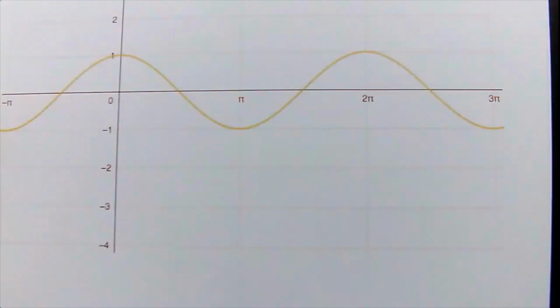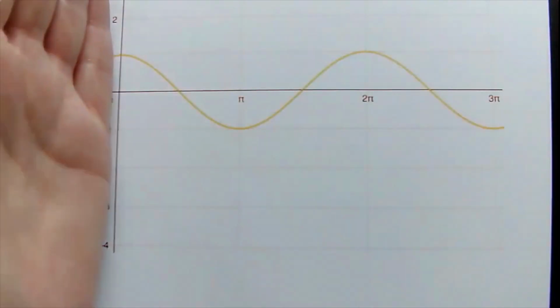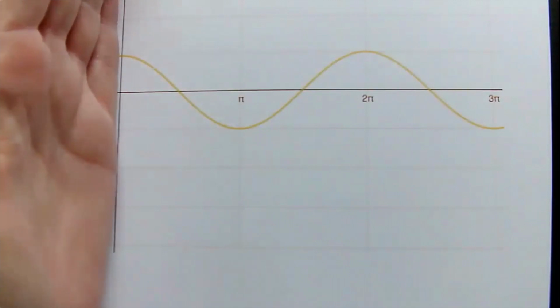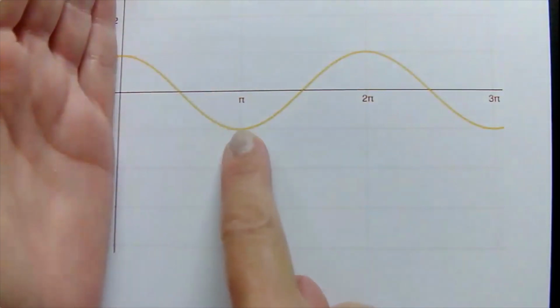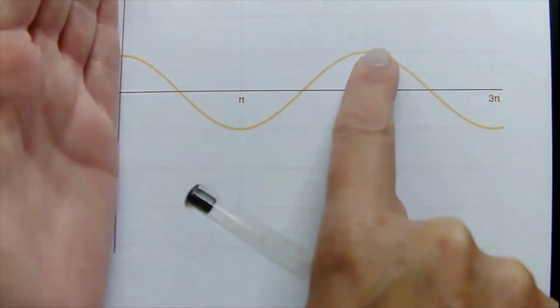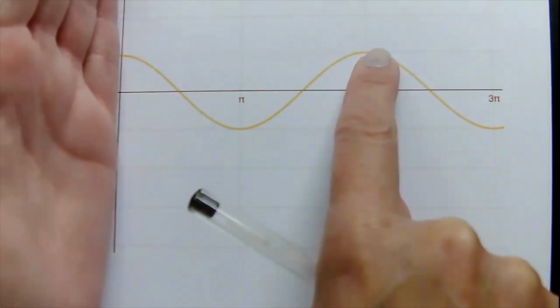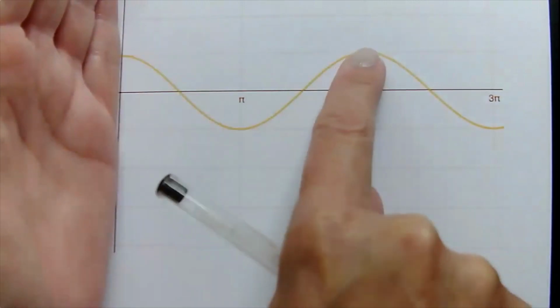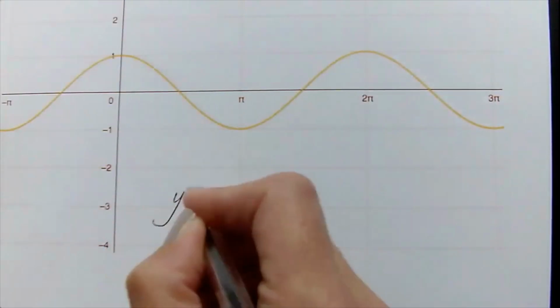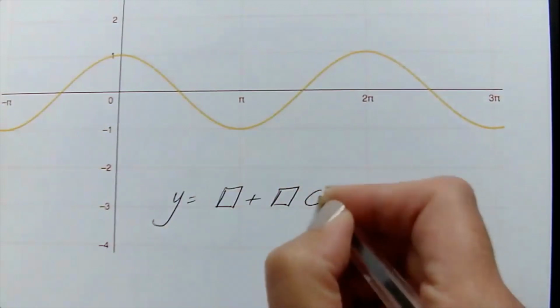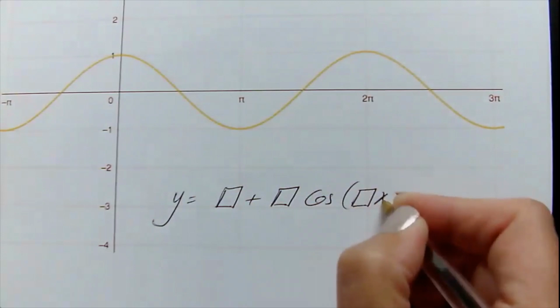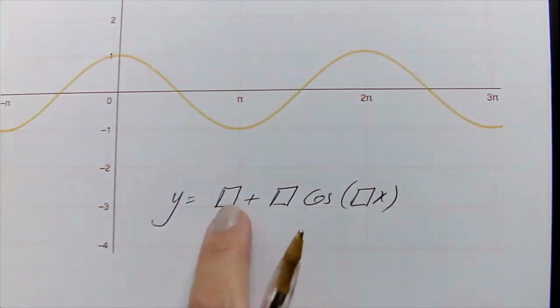Okay, let's have a look at this one. Coming from the y-axis, again, what I'm looking for here is just the sine or cos curve. And it's coming with a U shape. That's straight what we're going into from the y-axis, a U shape. So I know it's going to be a cos function. Okay, so I want to fill in my boxes. This one here, of course, is the midline equation.